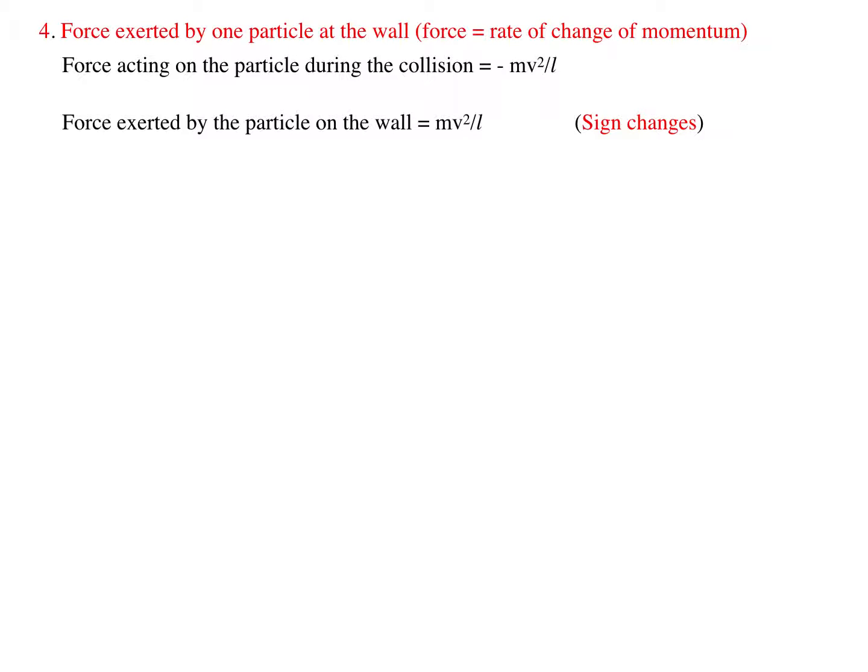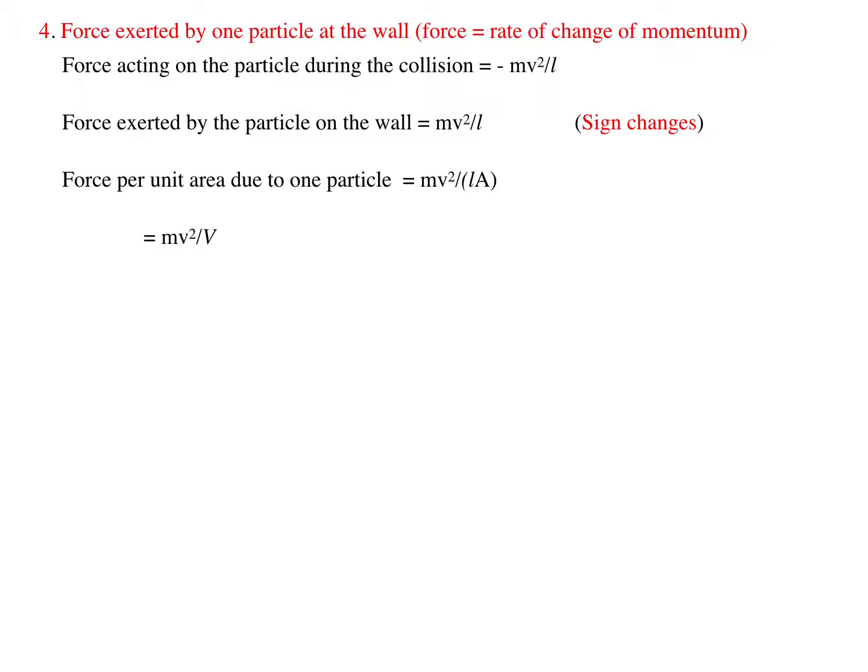Once we know the force, we can now calculate force per unit area, which is equal to pressure. So that equals mv squared over L, and we multiply L with A in the denominator because it is per unit area. A is the area cross section of the wall placed perpendicular to the x-axis. So this is essentially the pressure.